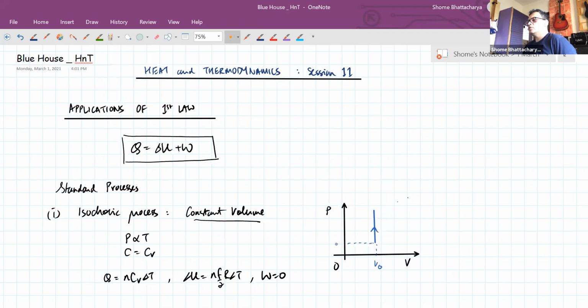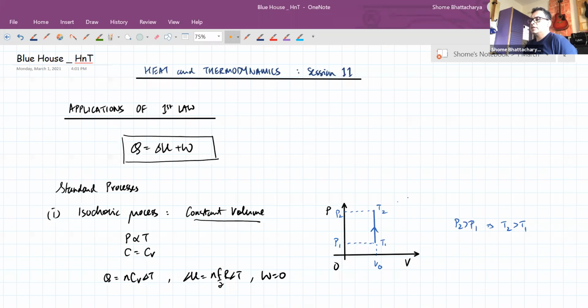So if at a constant volume we go from pressure P1 to pressure P2, this kind of process, whereas if you come in the opposite direction, then the pressure would be decreasing as the temperature would be decreasing. So this was the first of the four named processes that we saw last time.